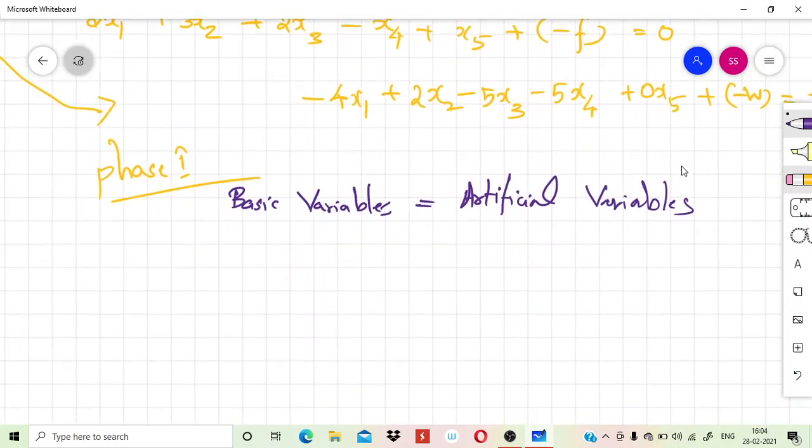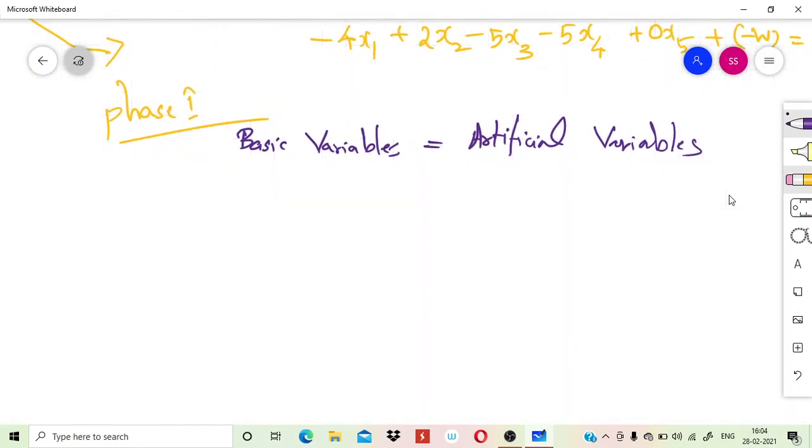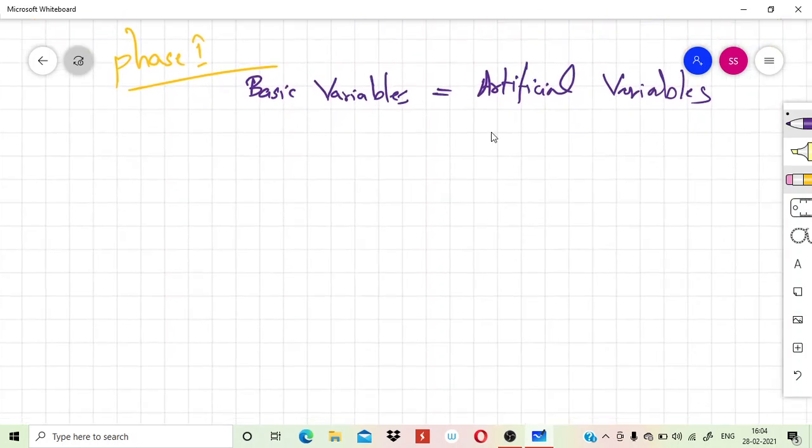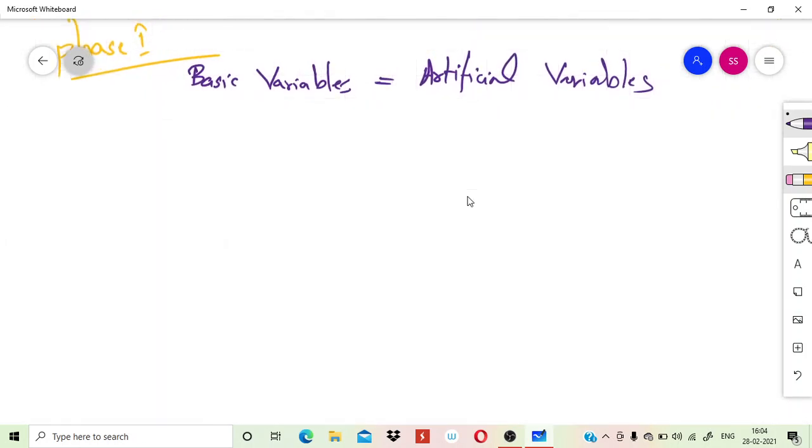So we will execute the simplex tabular method here. We will construct tables so that our artificial variables are eliminated completely. So in phase 1 we will solve for these artificial variables y1 and y2. The procedure is the same as in the simplex method.